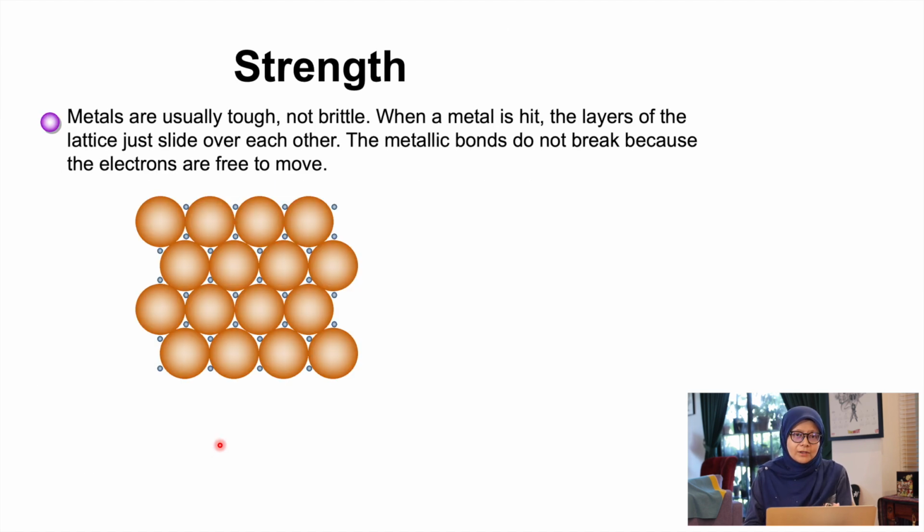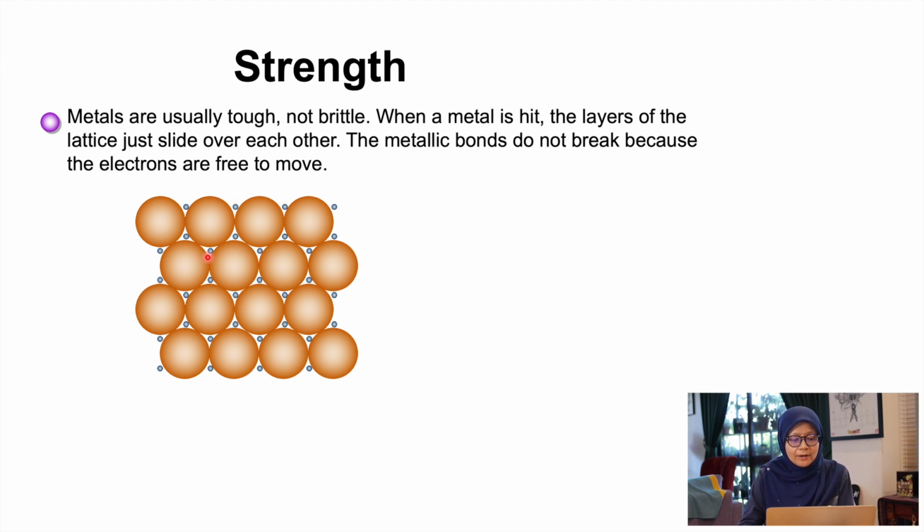After the properties of metals, let's go to the strength. Metals are usually tough and not brittle. When a force is applied to a metal, the layers of the lattice just slide over each other, and the metallic bonds do not break because the electrons are free to move.